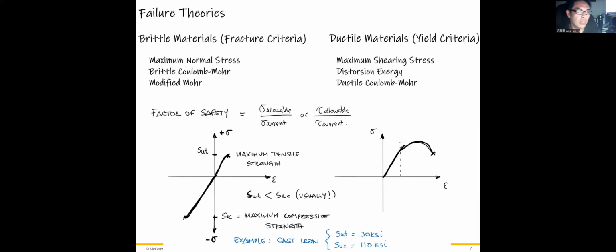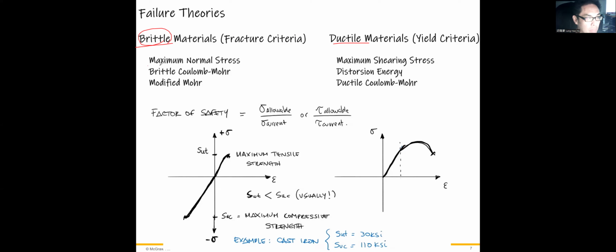So let's focus on the failure theory. First we have to divide materials into two types: one is brittle and the other is ductile. Okay, we're going to utilize different failure criteria. For brittle materials, what failure theories are we going to use?